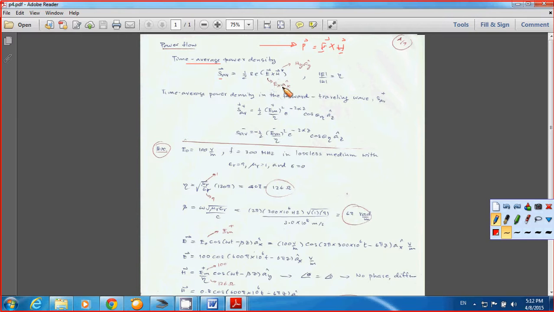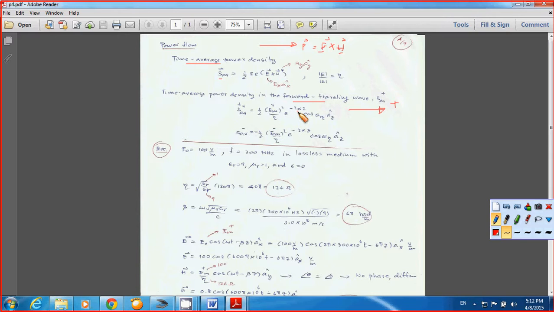For this example, just to make it simpler, if I have the electric field with a component in the x direction only, and the magnetic field with a component in y only, and you have the relation between E and H equal to eta, the time average power density in the forward traveling wave, where I put the positive sign to represent forward traveling, is equal to 1 over 2 times E0 positive, the amplitude of the electromagnetic wave, squared, divided by eta, the intrinsic impedance of the material, and also multiplied by exponential negative 2 alpha z.